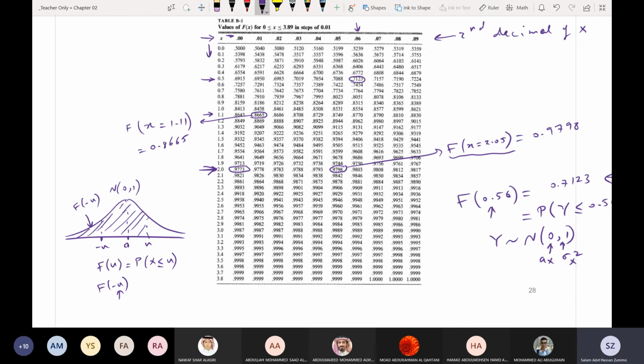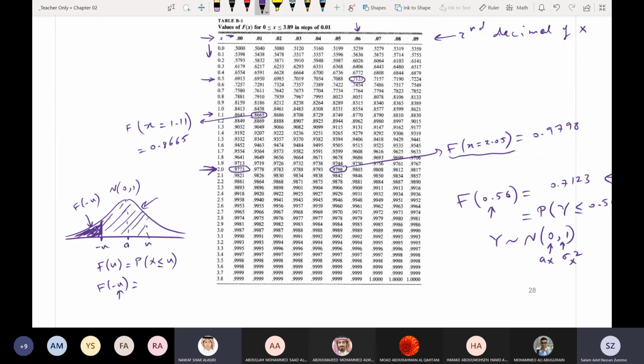How do I get F of minus u? This is what I want. What I have in the table is all this shaded curve, this whole thing, F of u. How to find F of minus u from the table? 1 minus F of u. Yes.